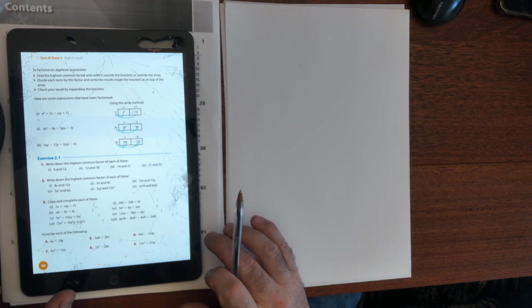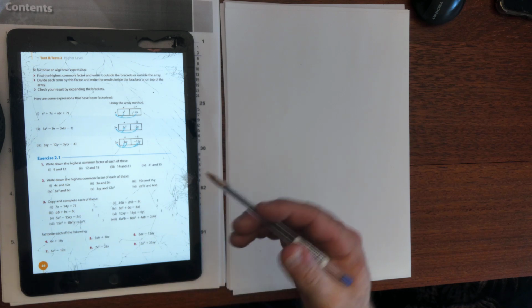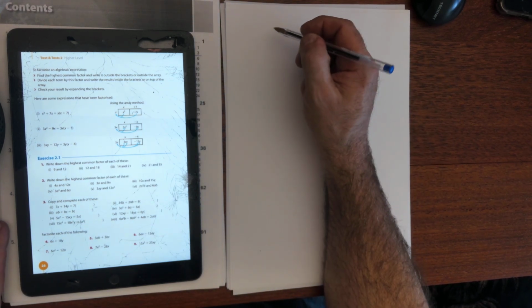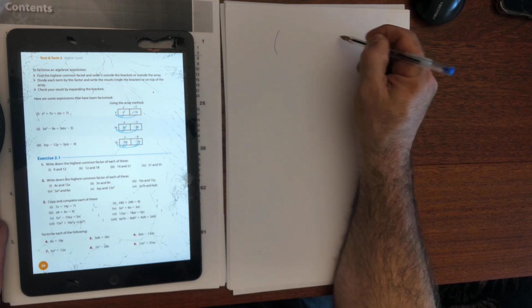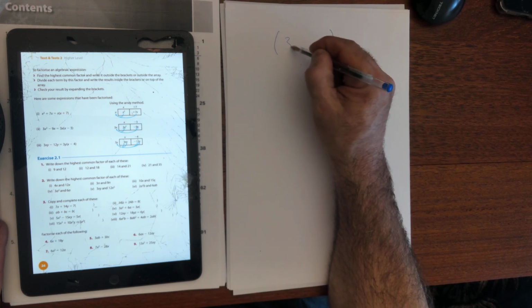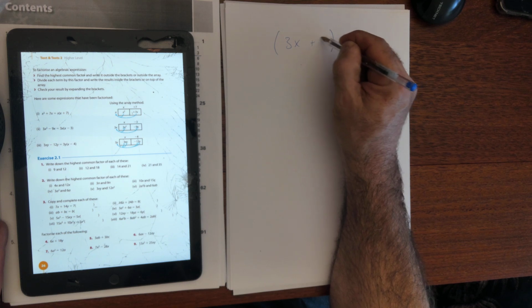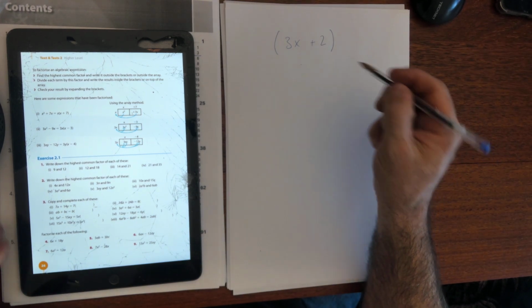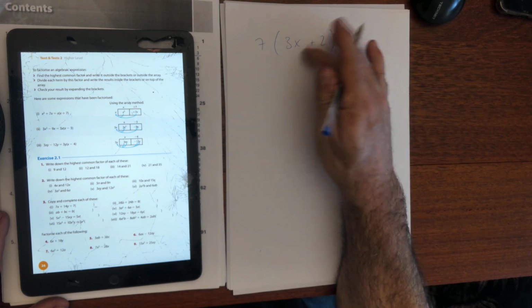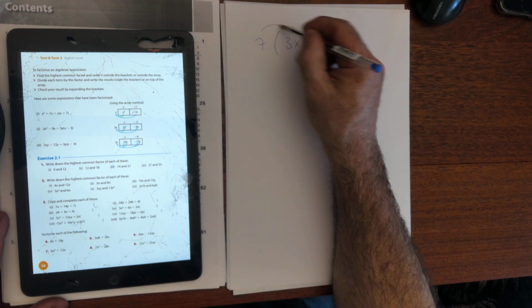Okay, so we're going to just jump straight in. Let's say we have any linear binomial such as 3x plus 2, and we have two situations. If we multiply that by a constant, then we'll be using this method today.